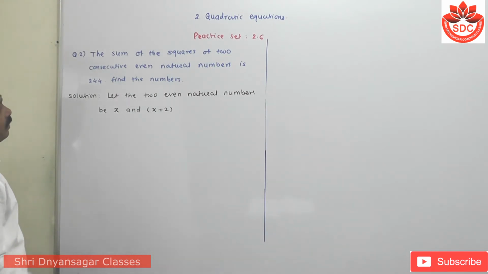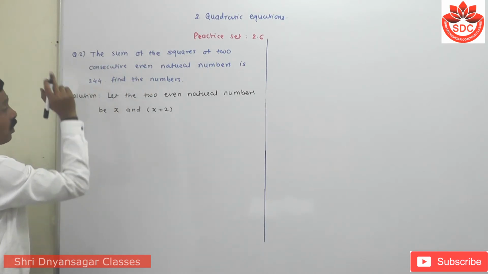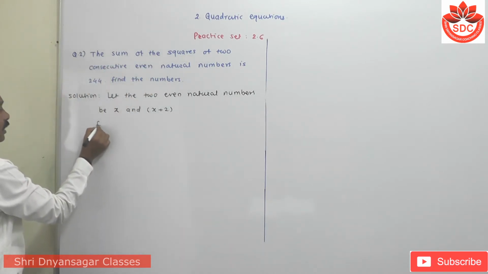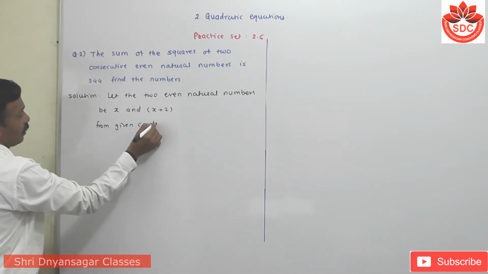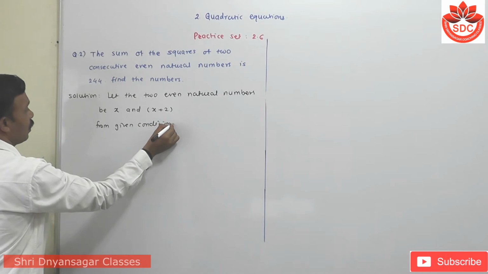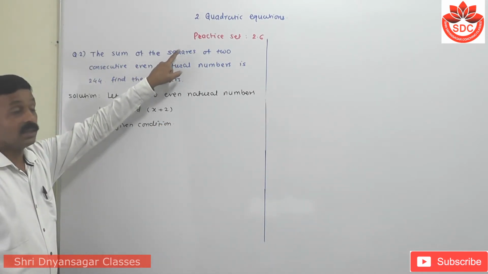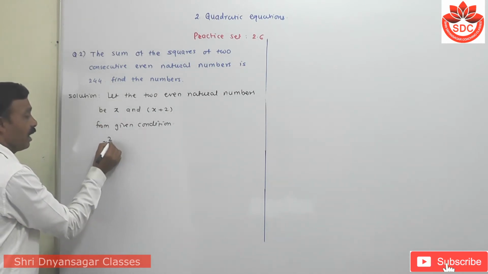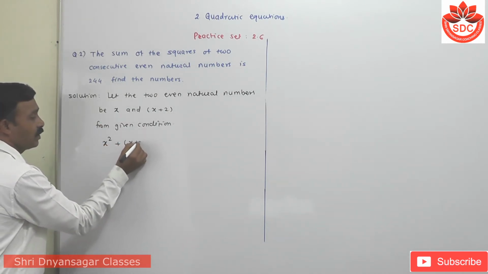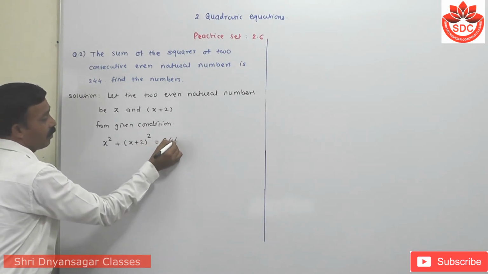Now, from the given condition, the sum of the squares of two consecutive numbers, we have to take the square of each and their sum, that means x square plus (x plus 2) square is equal to 244.